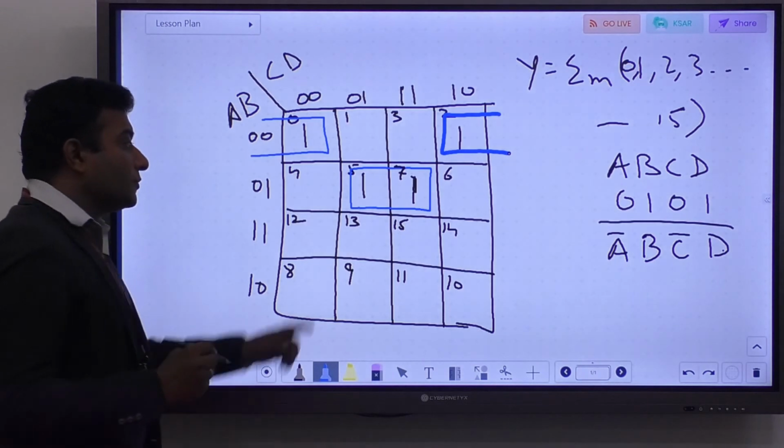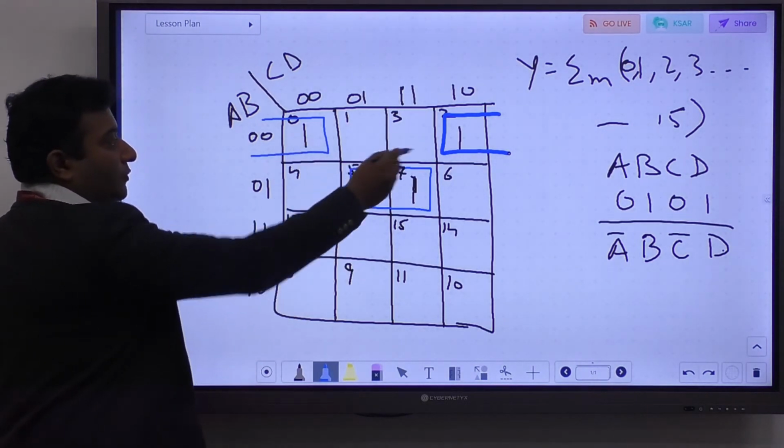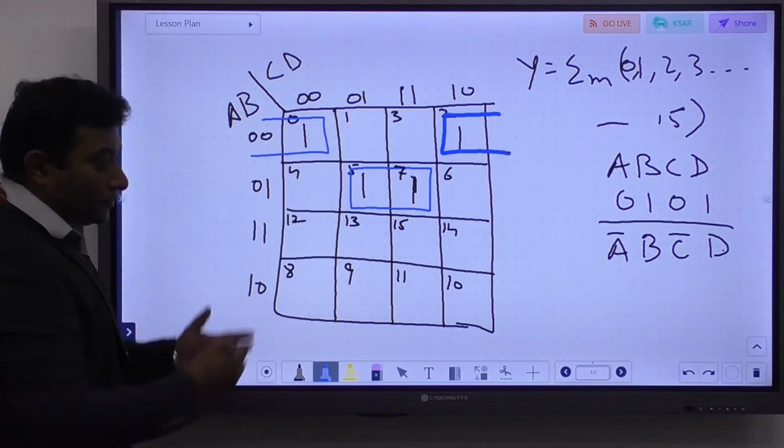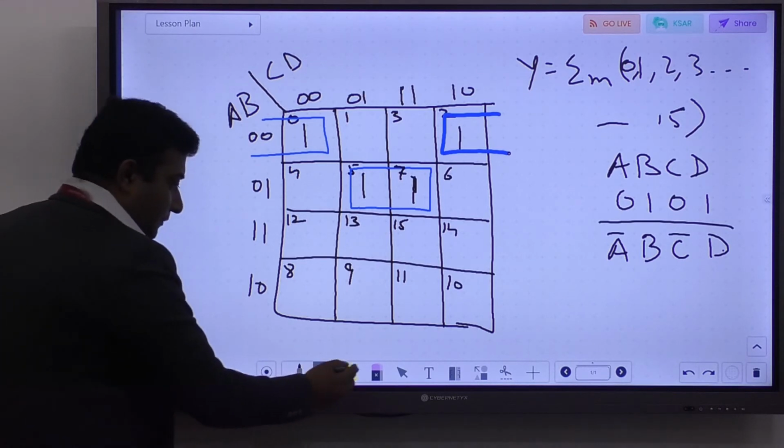So there would be two groups. This would be the first group and this would be the second group. Okay, let's solve this as well.